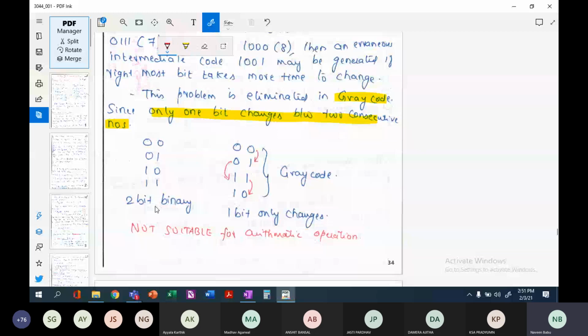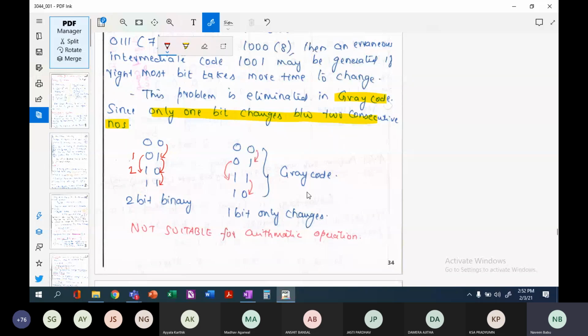So for a normal 2-bit binary number, you see here, there are 2 bits. 0 is changed to 1. Fine, no issues. But moving from 1 to 2, here 0 is also getting changed to 1 and 1 is also getting changed to 0. So 2 bits are changing. And last, 1 is as it is, 0 is changing to 1.